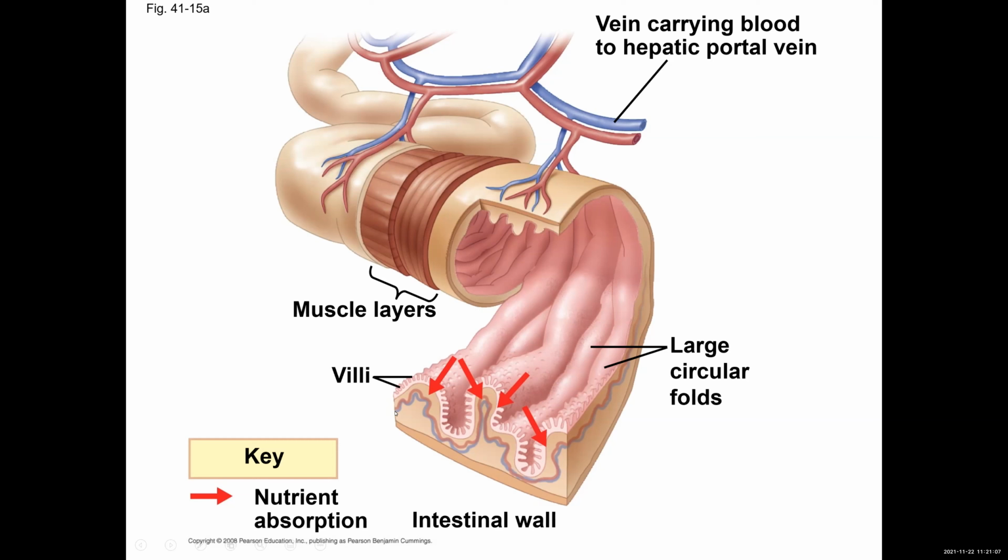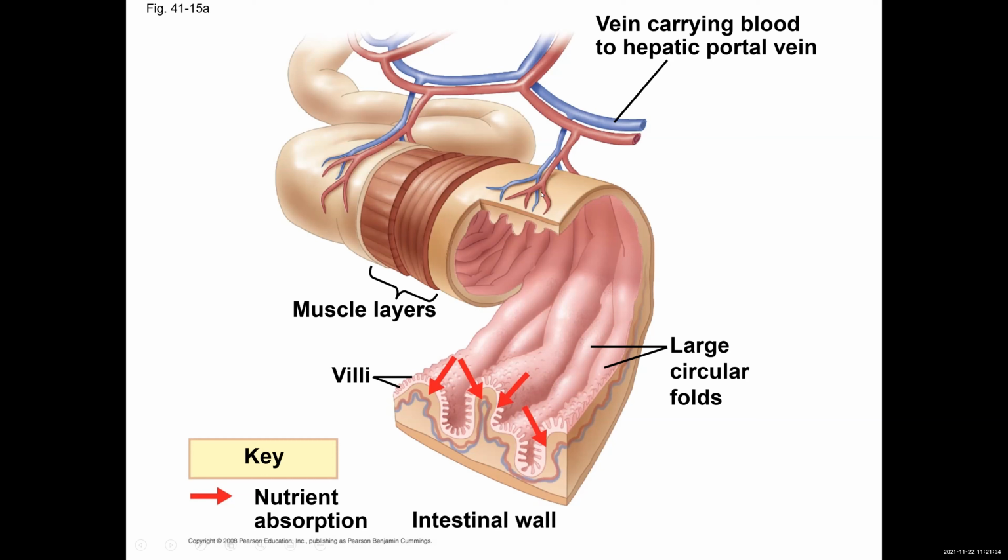All right, now behind the wall of the small intestine, you see that there's a circulatory structure here. So blood vessels are being shown, veins and arteries, or capillaries, right? So small veins and arteries.